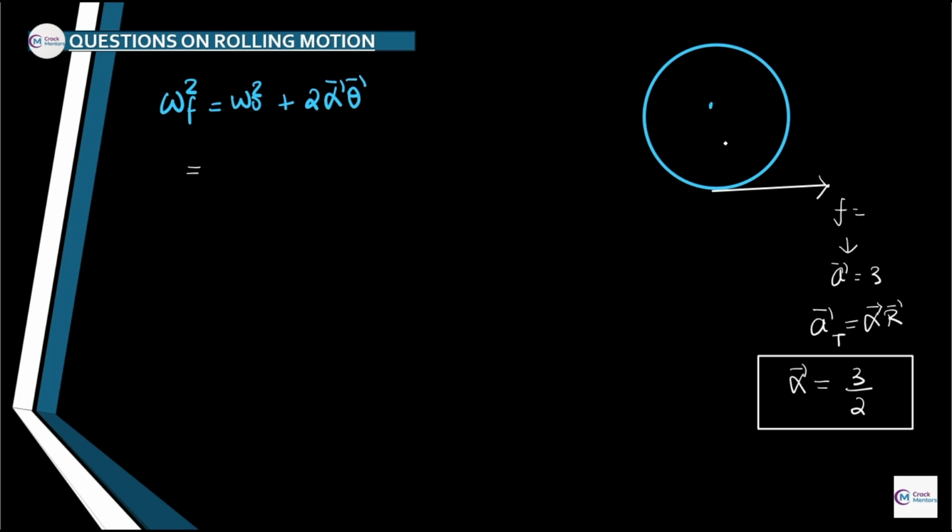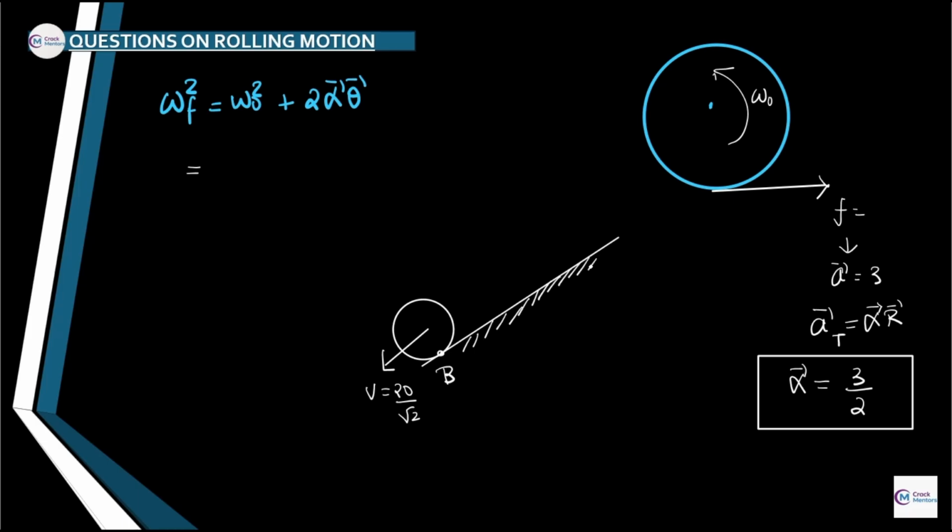To find the omega naught that this body may have, what we have to do, as we know, when this was moving on this inclined surface, then after reaching this point B, it has the velocity in this direction, and it was equal to 20 upon root 2.